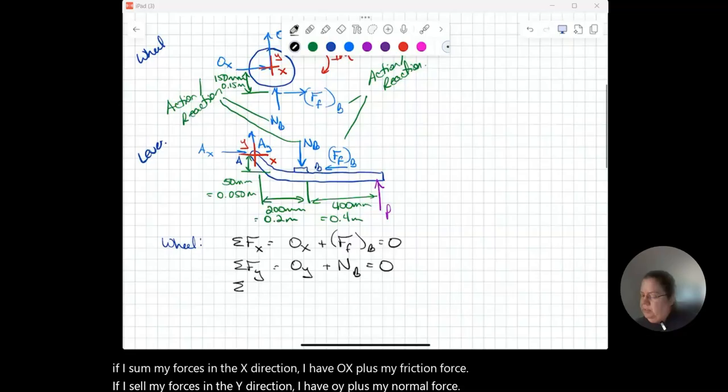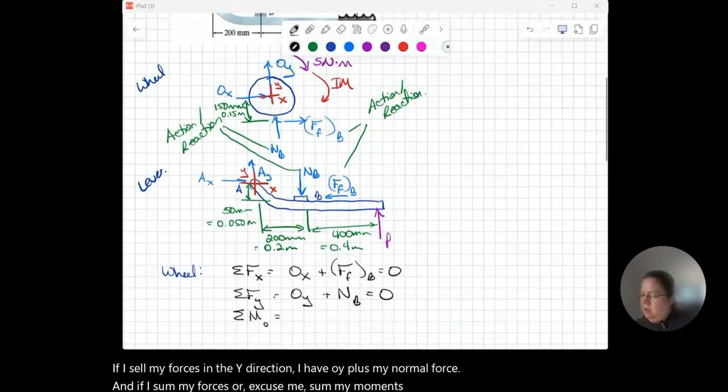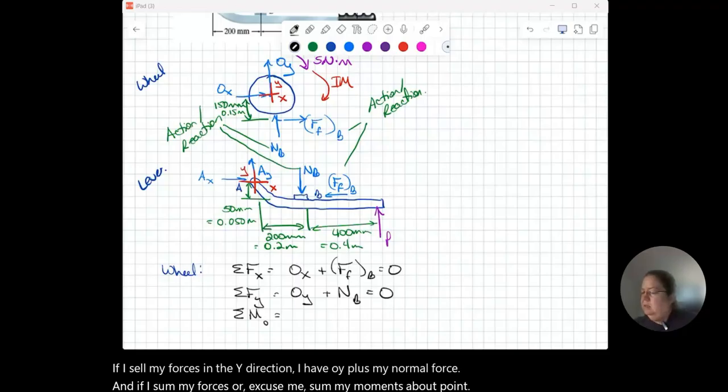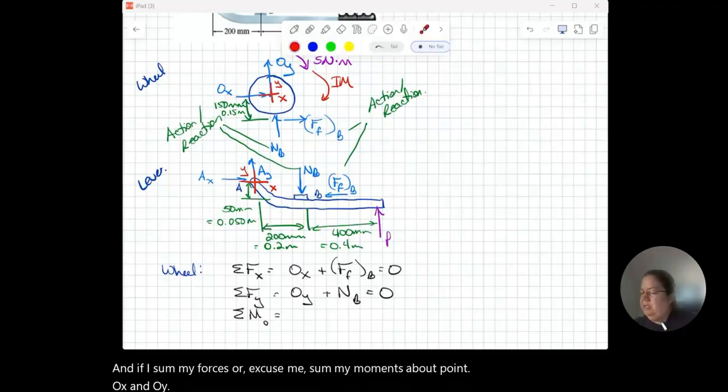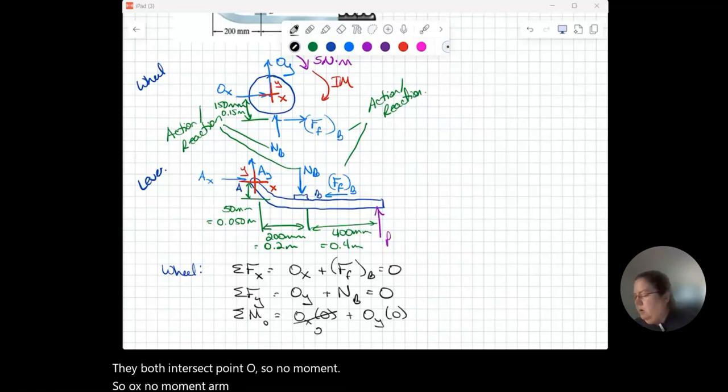And if I sum my moments about point O, OX and OY both intersect point O, so no moment. OX, no moment arm, no moment. OY, no moment arm, no moment.